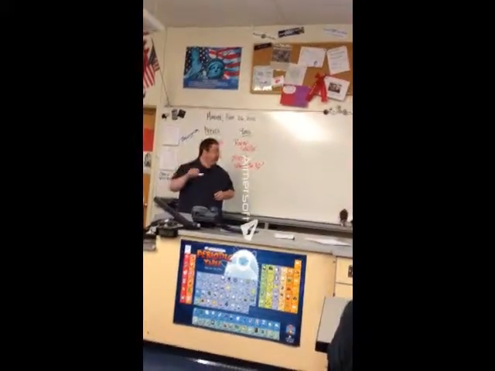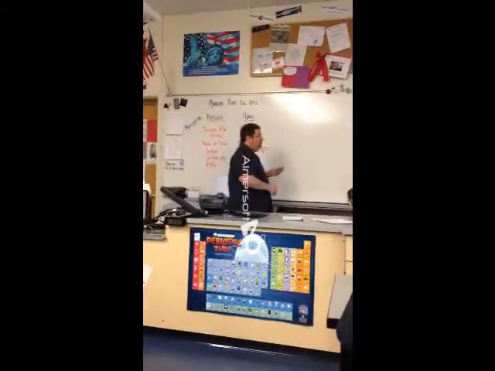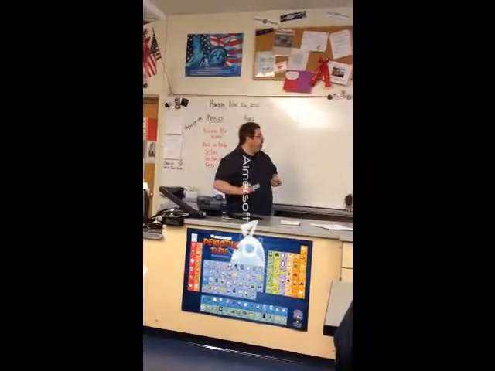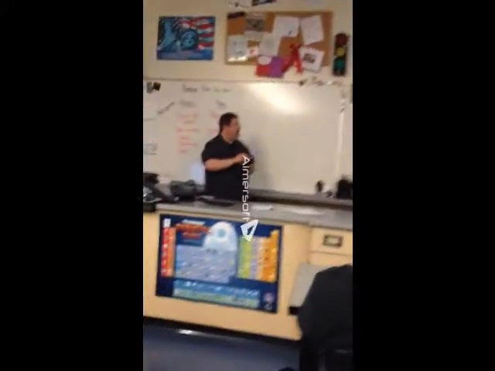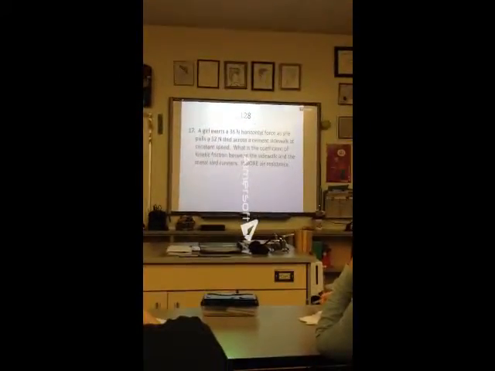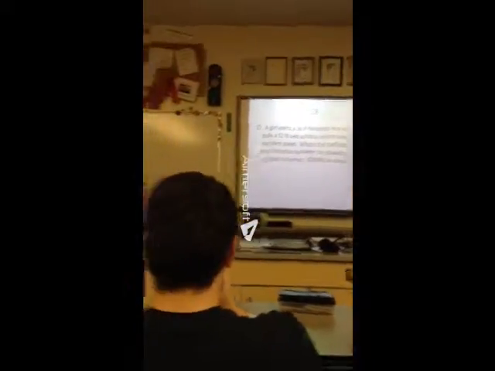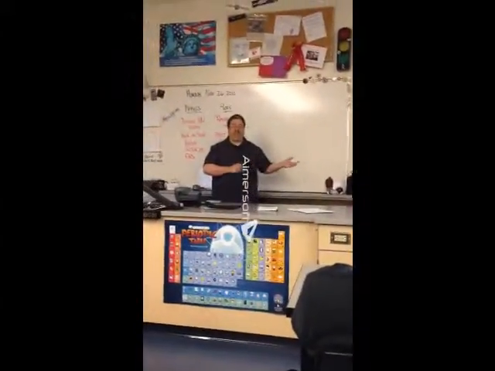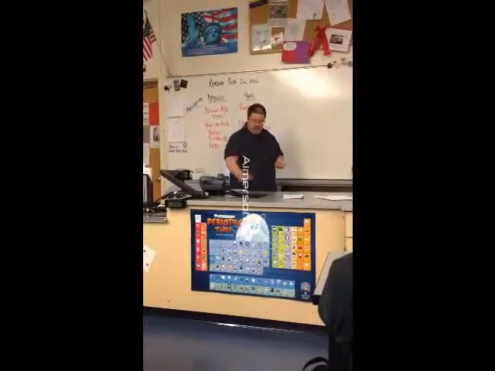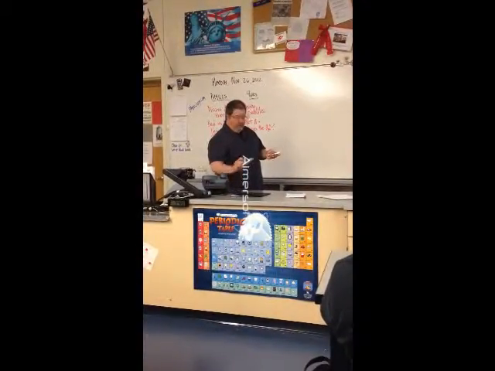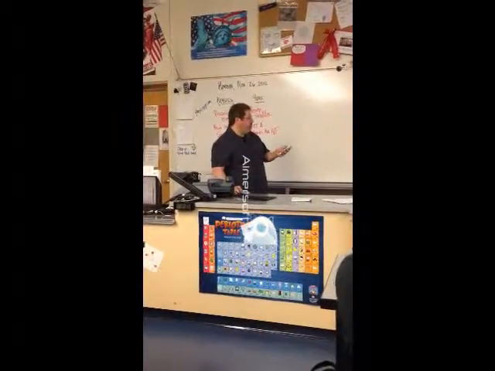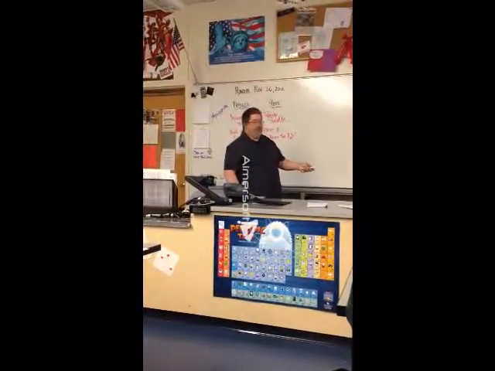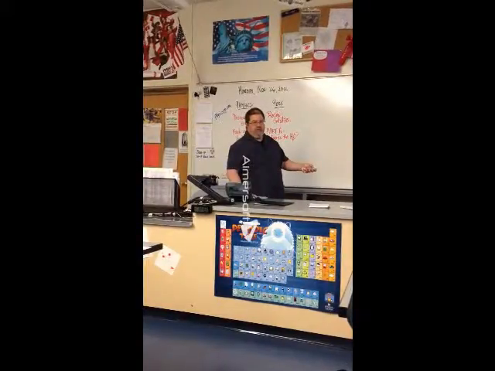So to go through the homework quickly like we were doing before, number one: why is it relevant that the object is moving at constant speed? Right. Constant speed means acceleration is 0. And if acceleration is 0, what's the net force? 0.